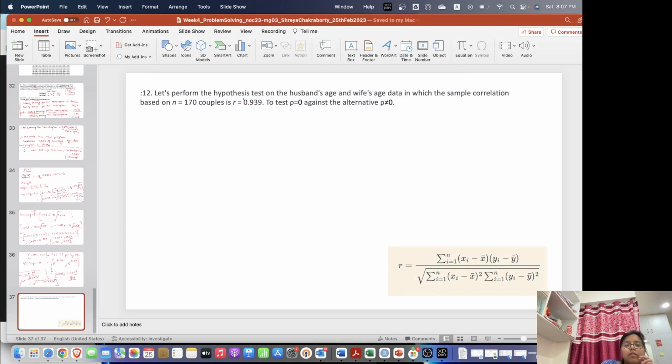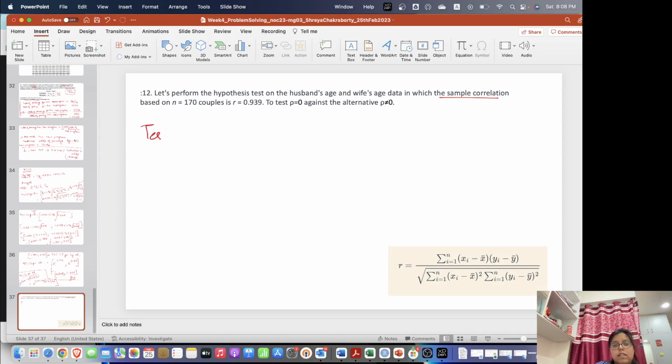So here we have a test of hypothesis on husband's age and wife's age data, in which the sample correlation based on n equal to 170 couples is 0.939, to test rho equal to 0 against the alternative rho not equal to 0.